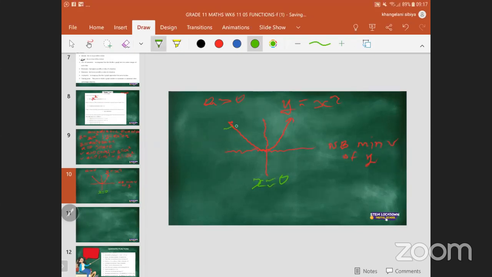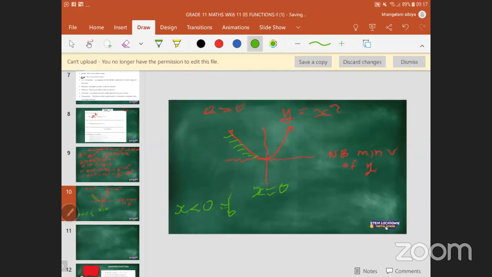As you can see, here our x is 0, but moving from the left, if you look at this curve, our curve is decreasing, which means whereby our x is less than 0, the curve is decreasing. Let's indicate that one. It's decreasing.